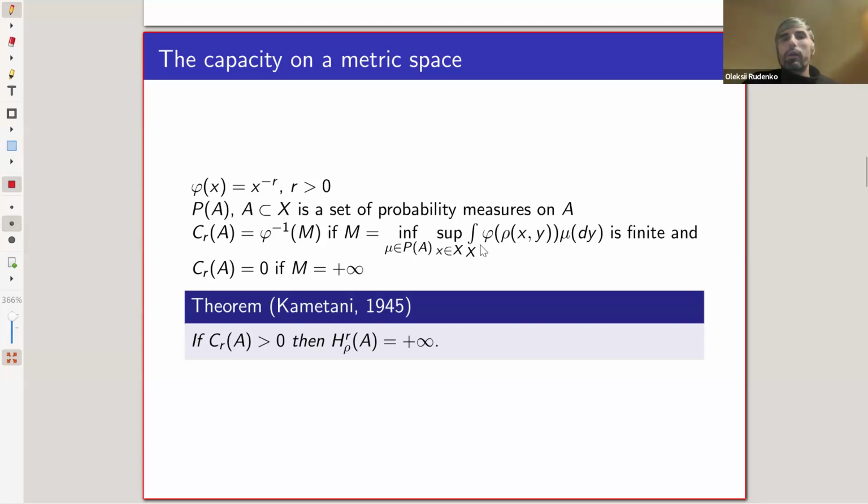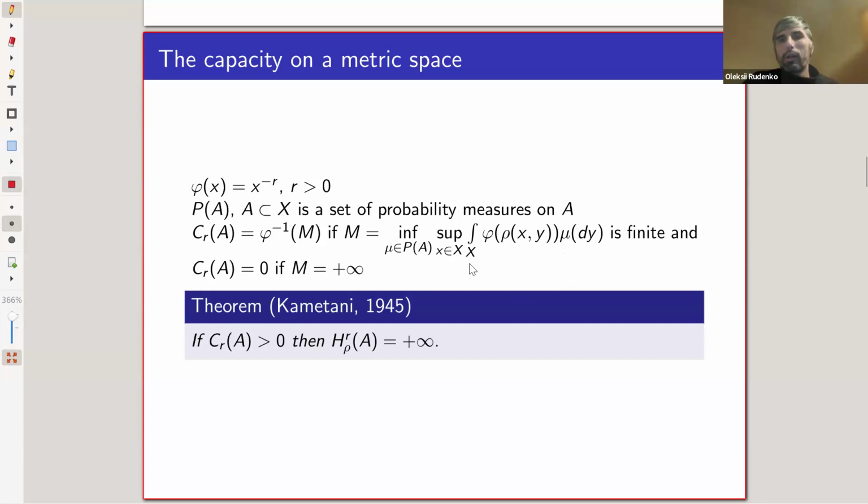So here is a negative power, and then we look at all measures that have total mass 1, that is, the total measure of the space is 1, and they are concentrated on the set A. Then we look at such an integral and take its supremum.